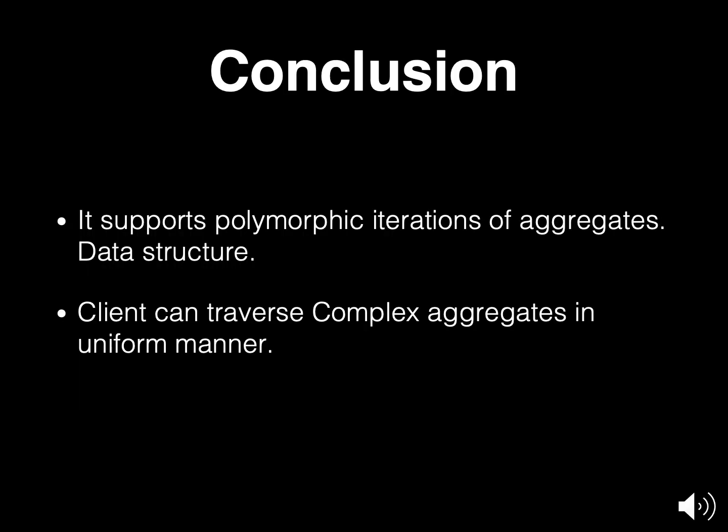So we have learned that the iterator design pattern supports polymorphic iteration of aggregate data structures. It means that if you want to support different kinds of data structures in the same way, using a uniform traversing mechanism, then you can write iterators for each data structure.